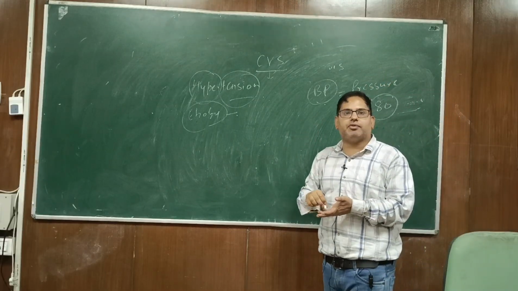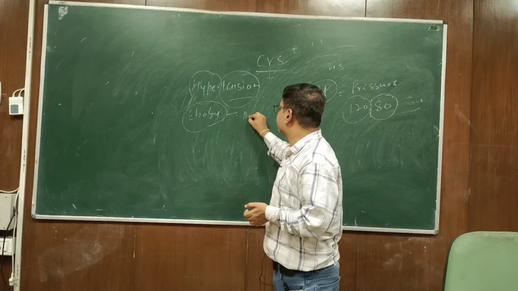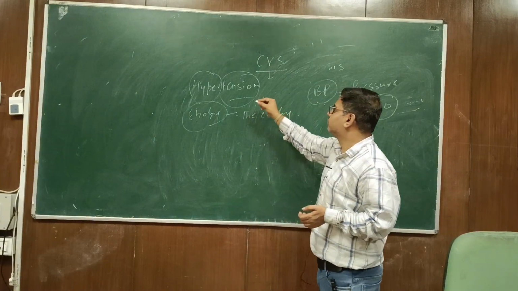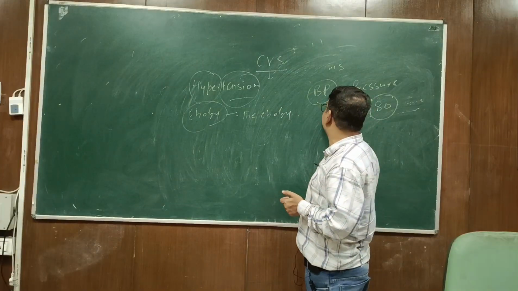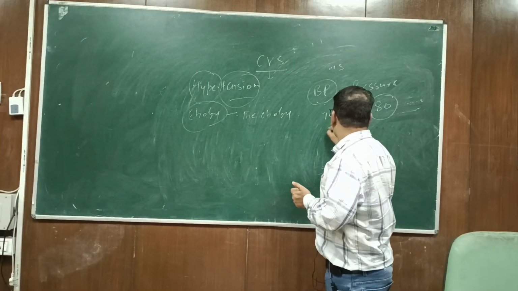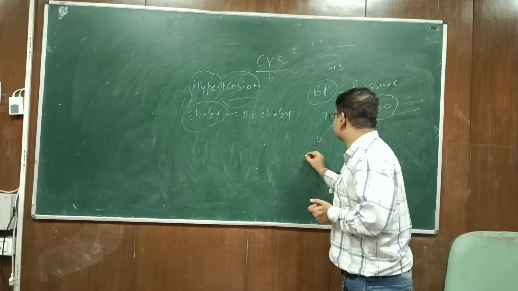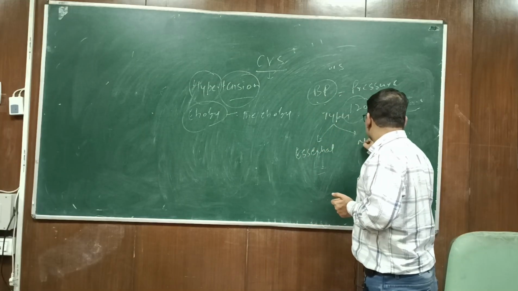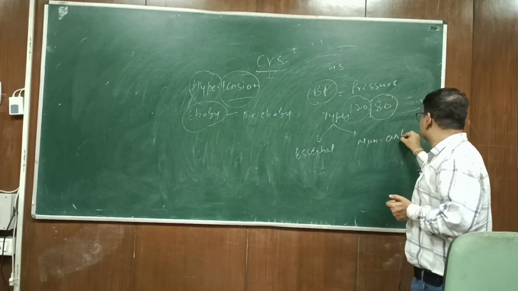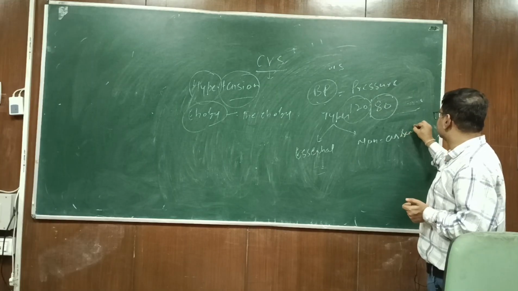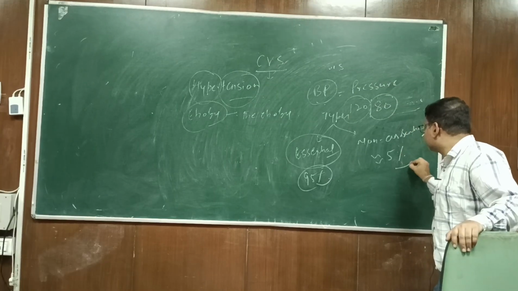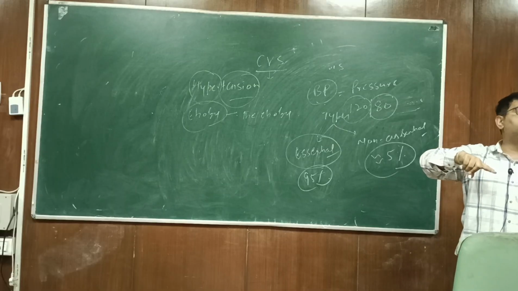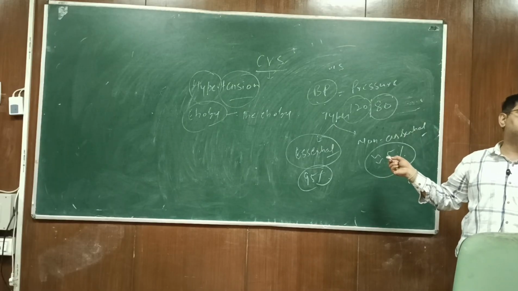So before the etiology you have to write the types of this disease. Hypertension is of two types, essential and non-essential. Non-essential hypertension is where you know the reason, where you know the etiology of the disease.